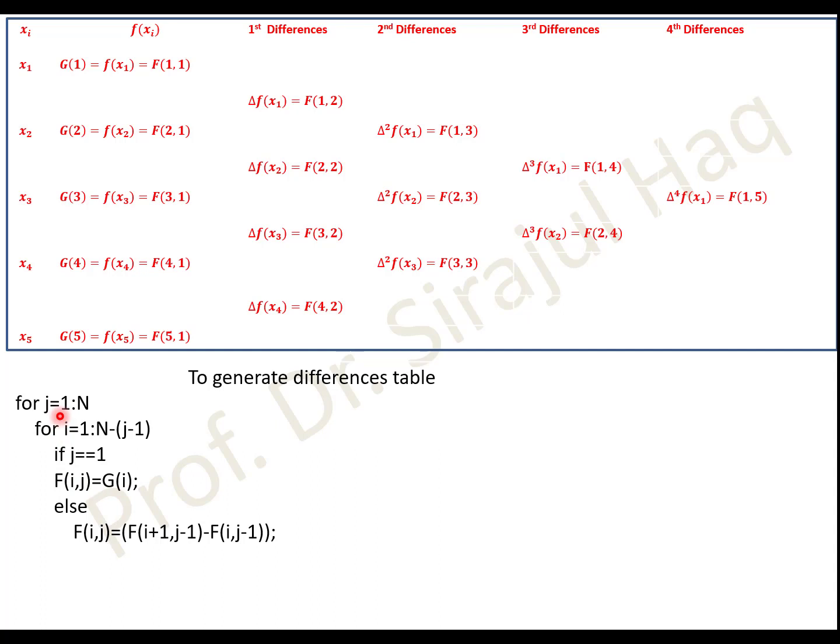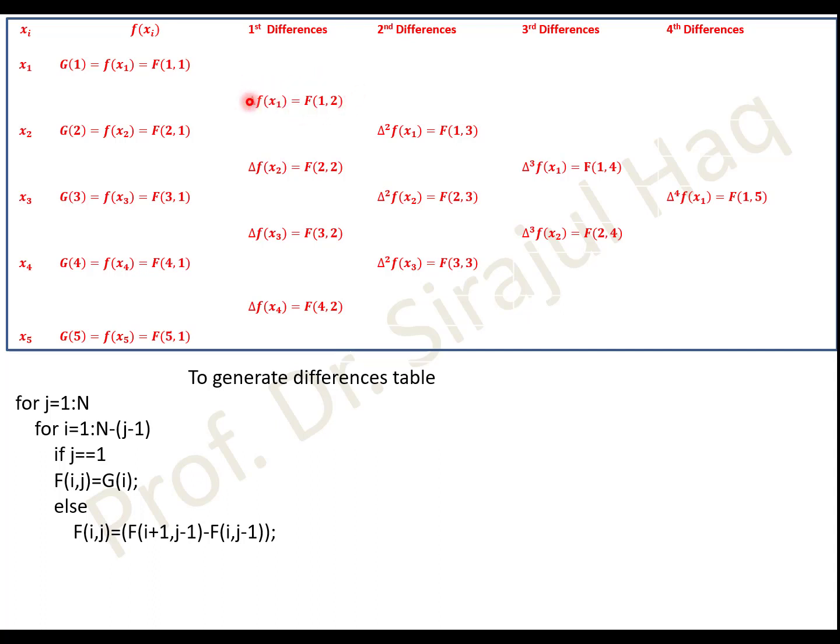If j is not equal to 1, for example j is equal to 2, it will come to i starting from 1 up to 4 now. What will it be doing? f of 1, 2 is equal to f of 2, 1 minus f of 1, 1. That gives you f of 1, 2.